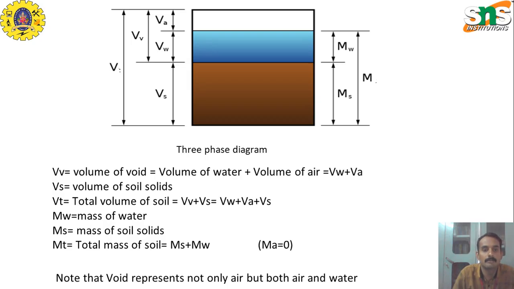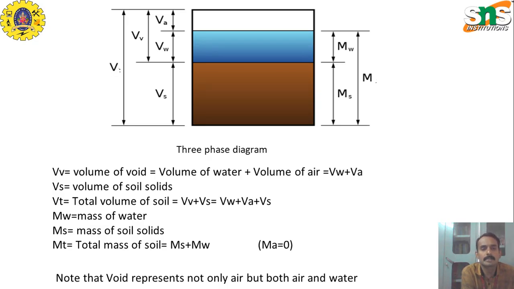So Vs represents volume of solids, which is constant throughout the existence of soil. Vw changes: when there is an increase in water table, the volume of water is increased. In case of dry condition, the volume of water gets reduced.